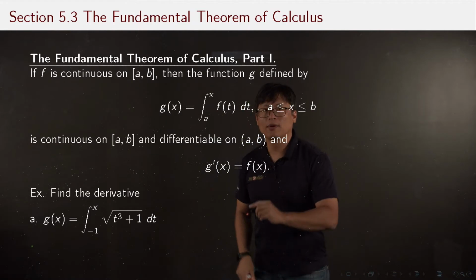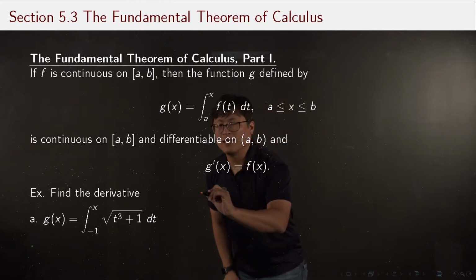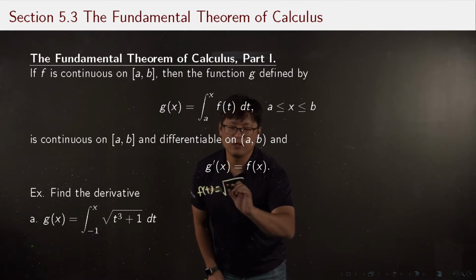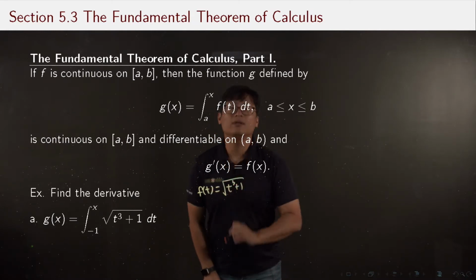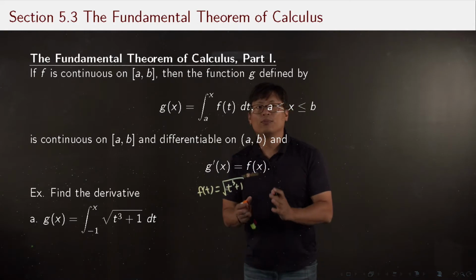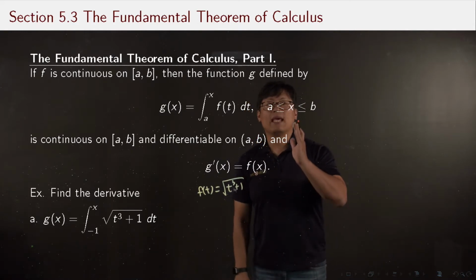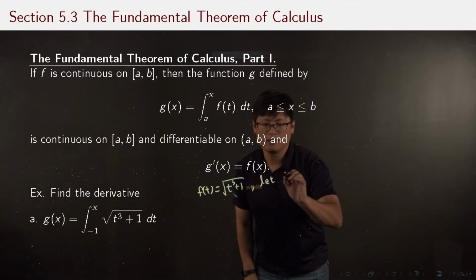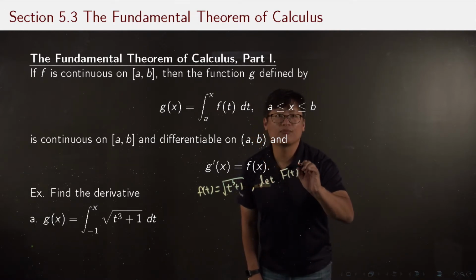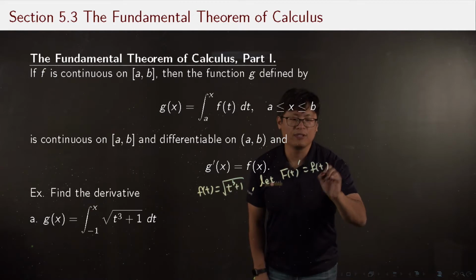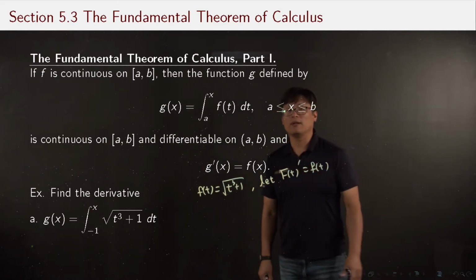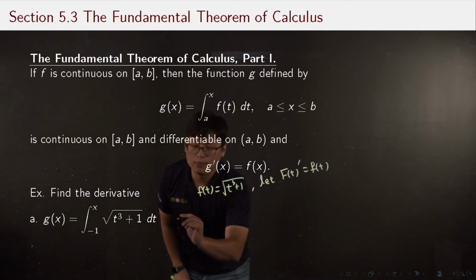So what I'm going to do is this. Here we go. If I say my function f of t is square root of t cubed plus 1, even though we do not know it, let's assume there is the antiderivative of this function. Let capital F prime of t equal f of t. That means capital F is the antiderivative, right? Then I can rewrite this problem this way.